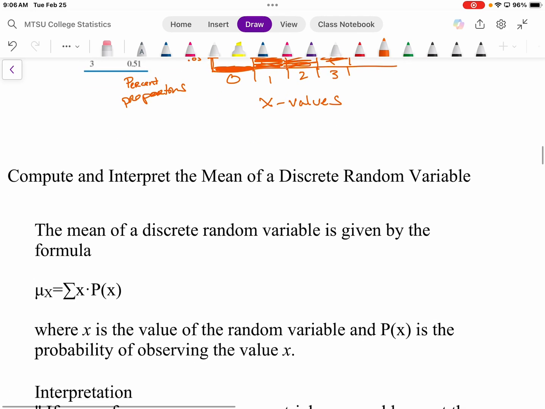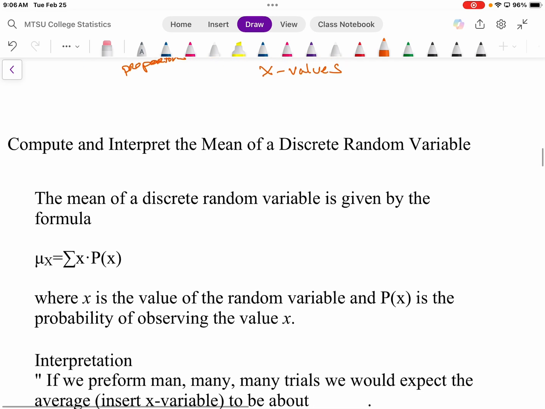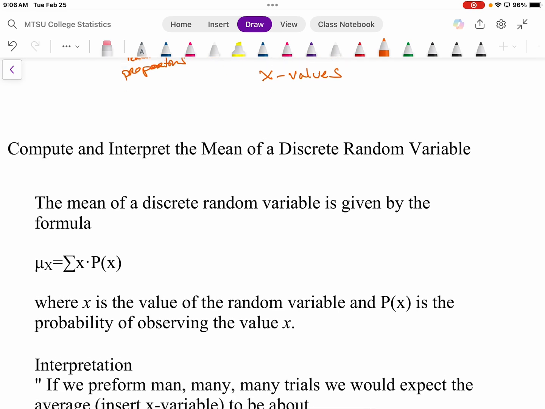All right. How do we compute the mean? We're going to do it by hand. That way, in case your calculator dies, or in case you get a crazy teacher in the future that doesn't let you use the calculator, or you forget. So the mean of a discrete random variable is given by the following formula. Mu sub x. Again, basically whatever they define the random variable as, that's the letter you're going to put down there for subscript purposes. Okay? So it is the sum.